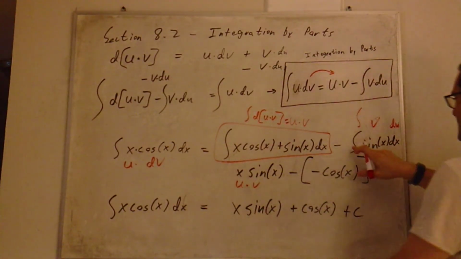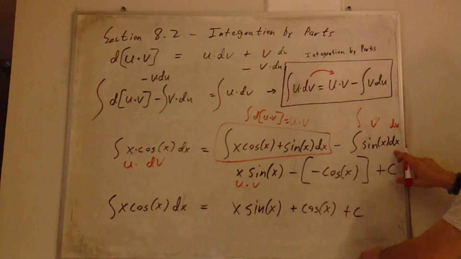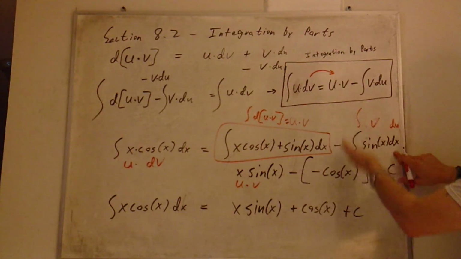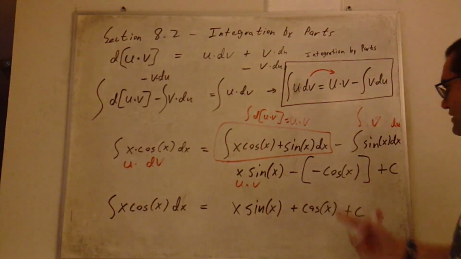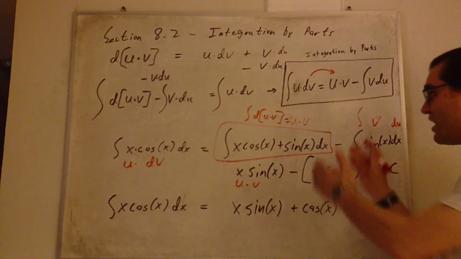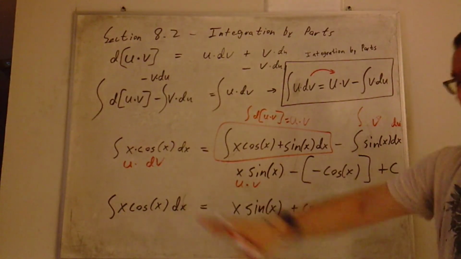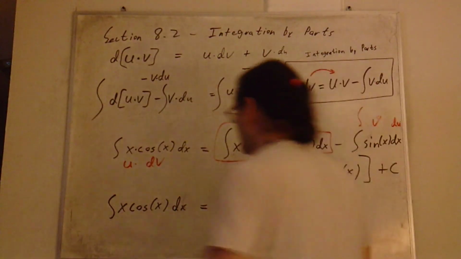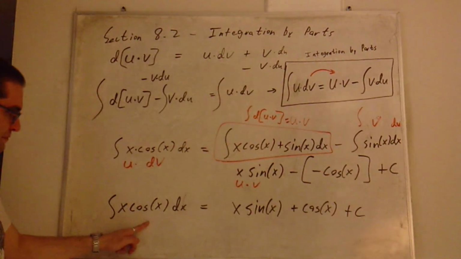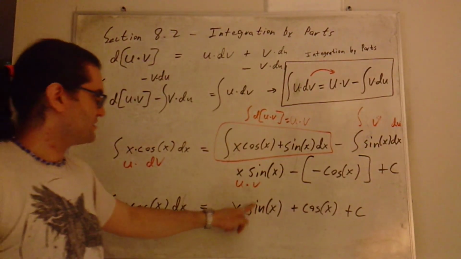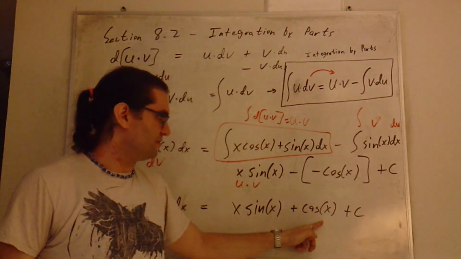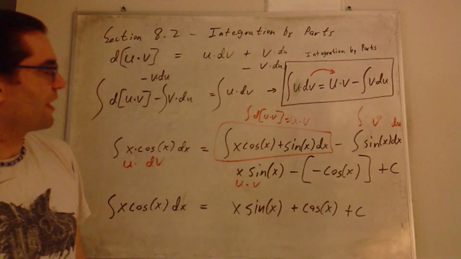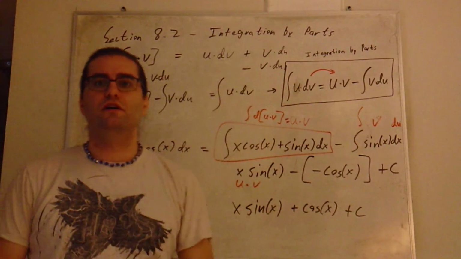So this is the integral of v du, which for us worked out very nicely, because we know what the integral of sine x dx is. It's just cosine. So when you subtract these two things, you have the integral of just this. The integral of u times dv is u times v minus the integral of v du. And that's how we're going to use this.